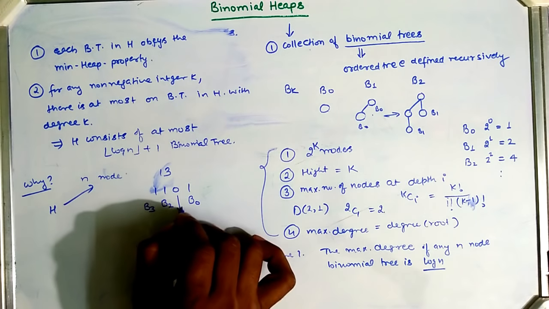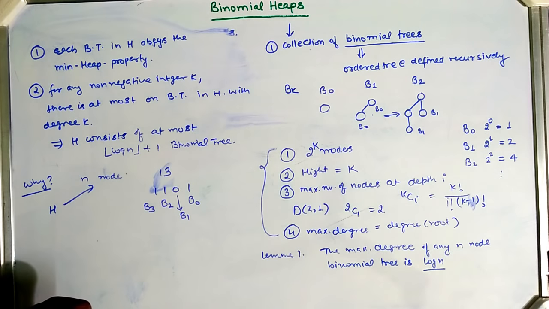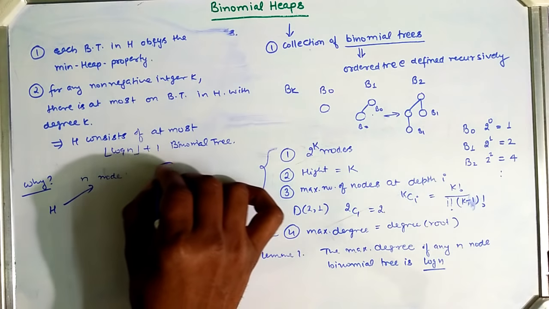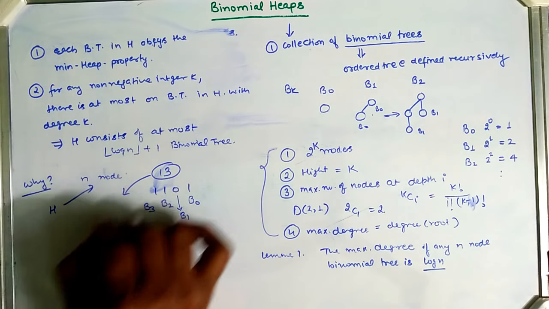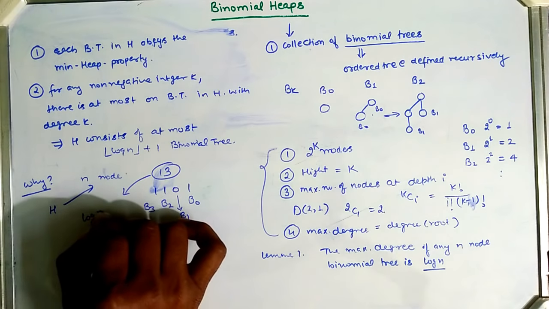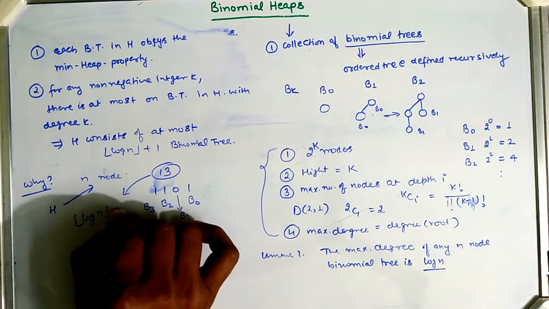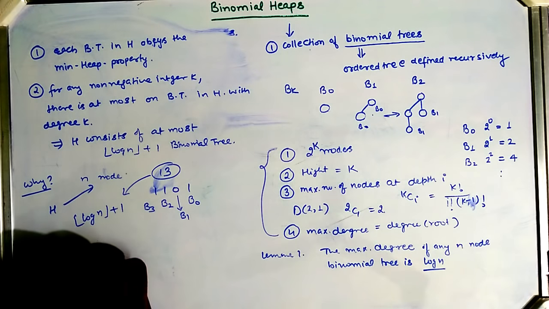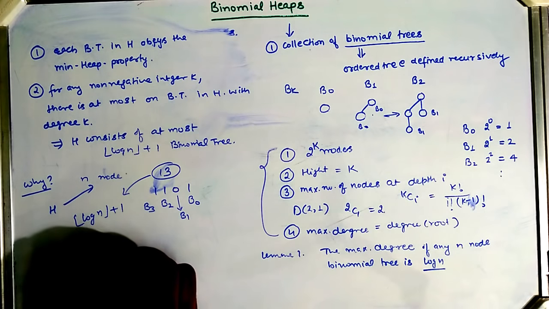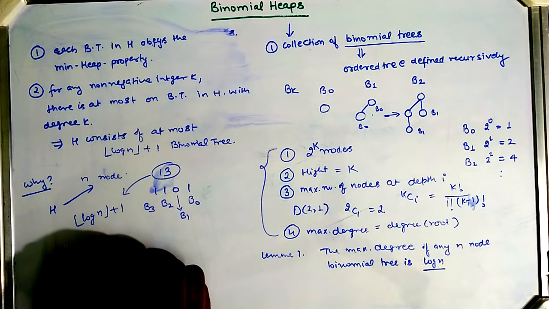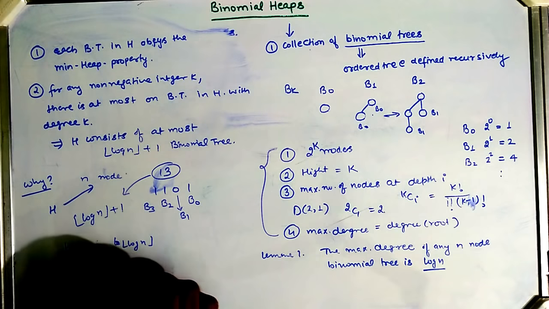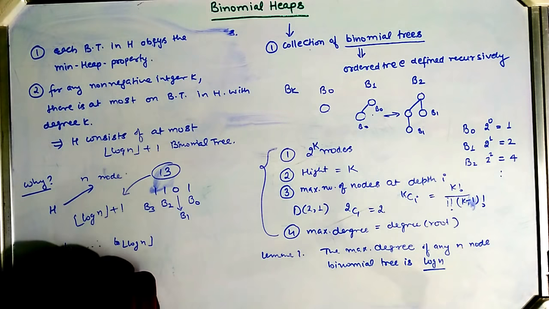We cannot have a b1 binomial tree, because the integer representation of any number can take at most log n plus 1 bits. It will contain b0 to b log n, so the total number of bits is log n plus 1, because it starts from b0.